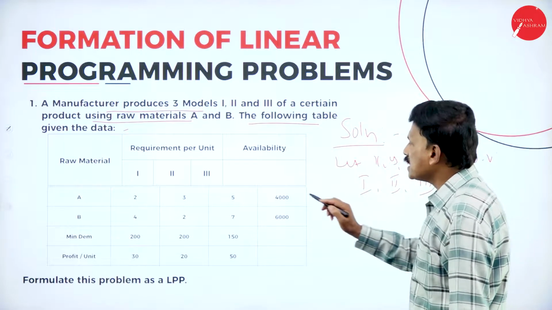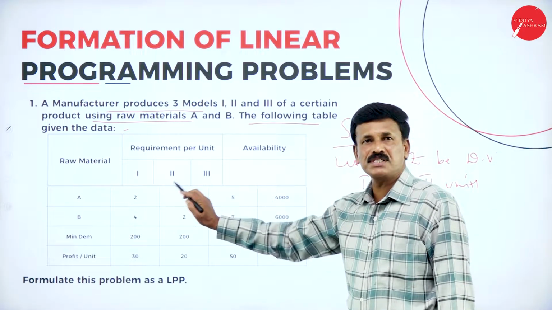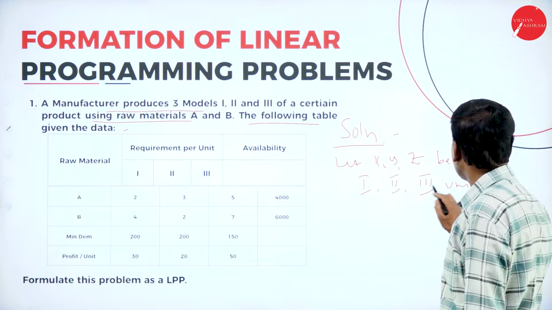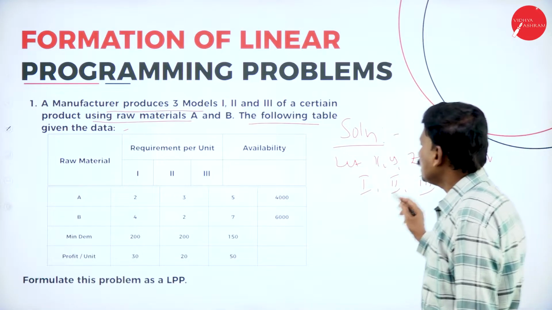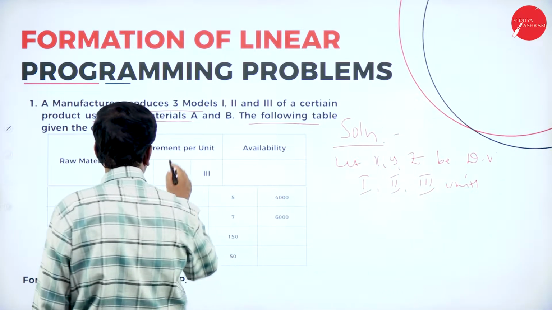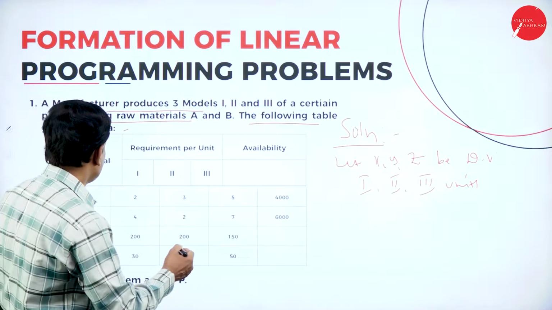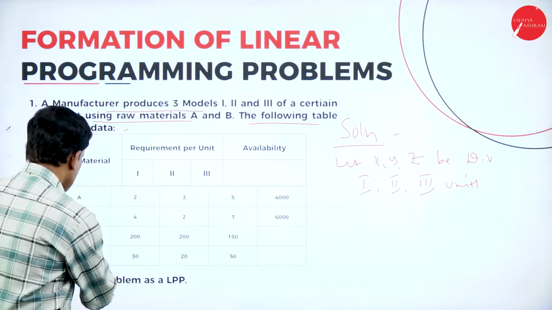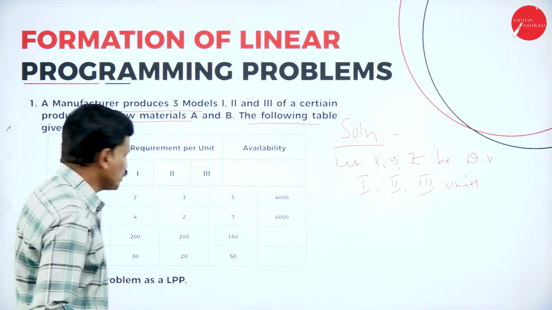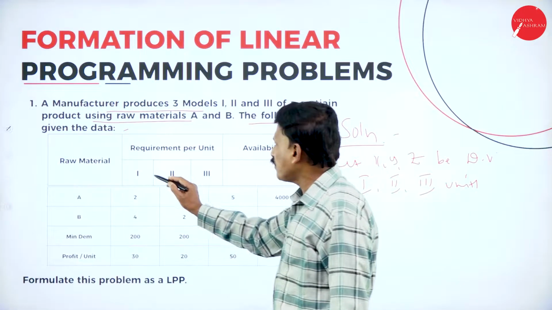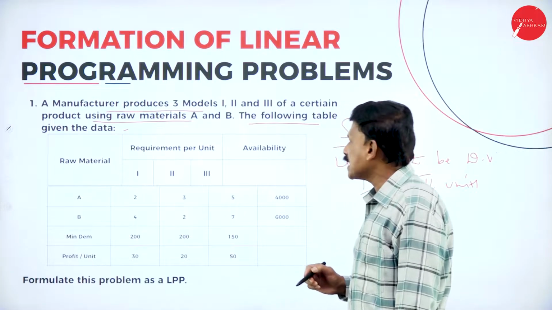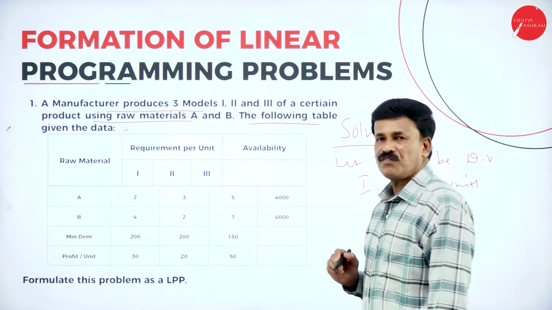So x for first unit, y for second unit and z for third unit. Now, what is the profit given? Profit per unit is 30 for the first unit, 20 for the second unit and 50 for the third unit.